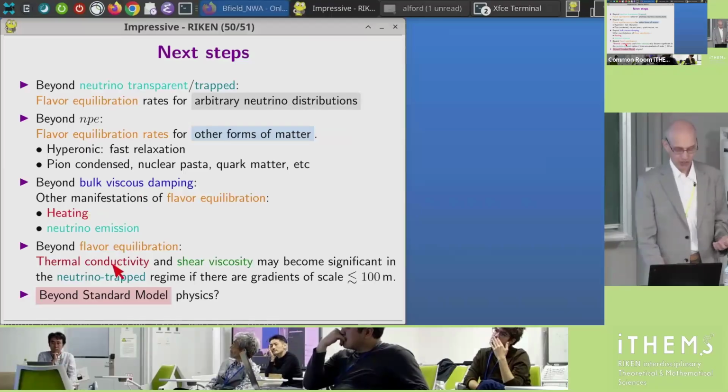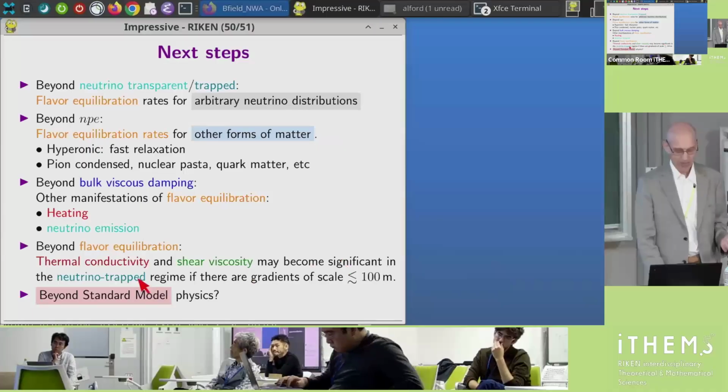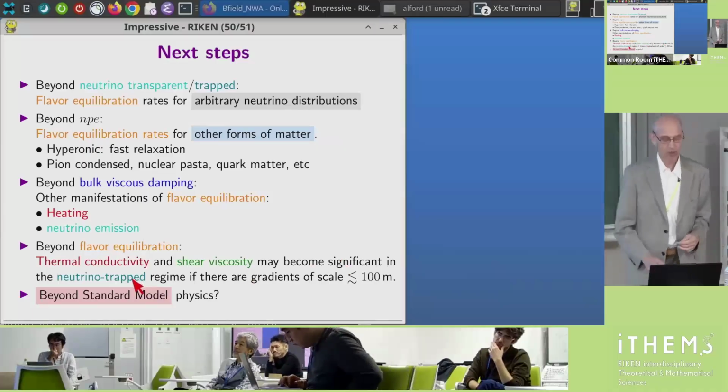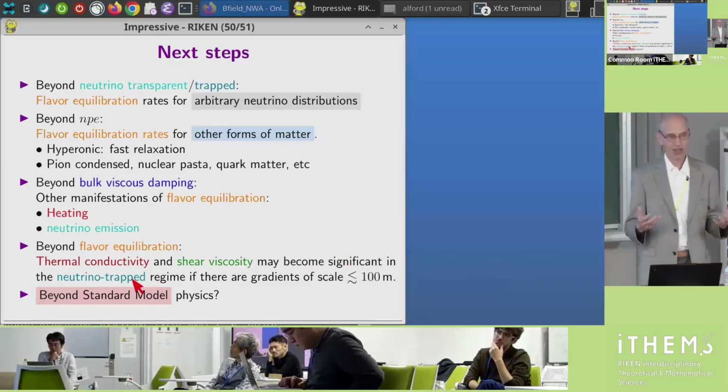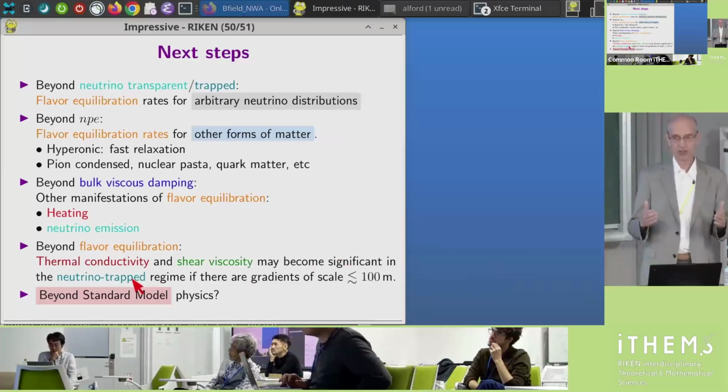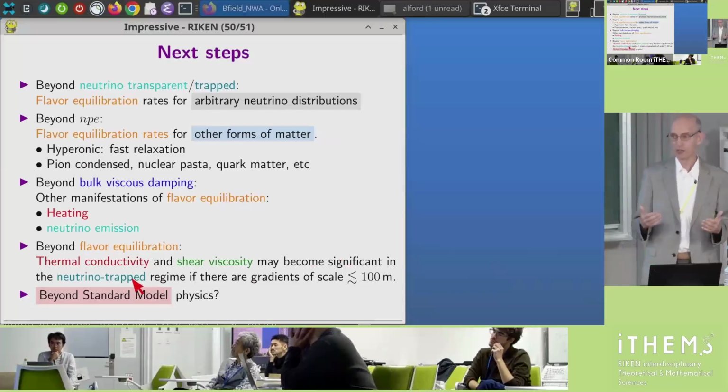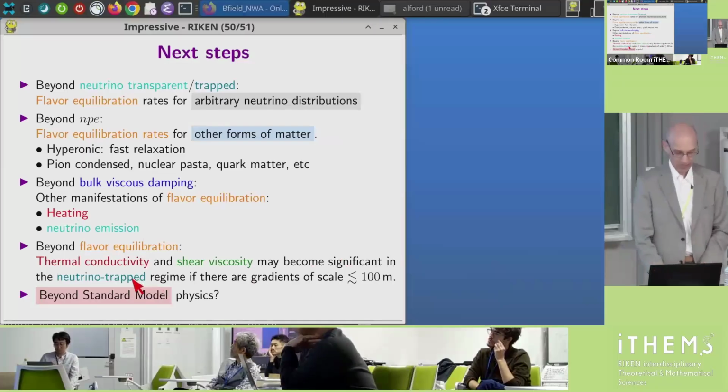So thermal conductivity and shear viscosity, you can do some very rough estimates, and these may become significant, particularly in the neutrino trapped regime, because the trapped neutrinos with a long mean free path will tend to dominate transport. The guy with the longest mean free path tends to dominate transport. So in that case, the neutrinos would actually be the main contributor.